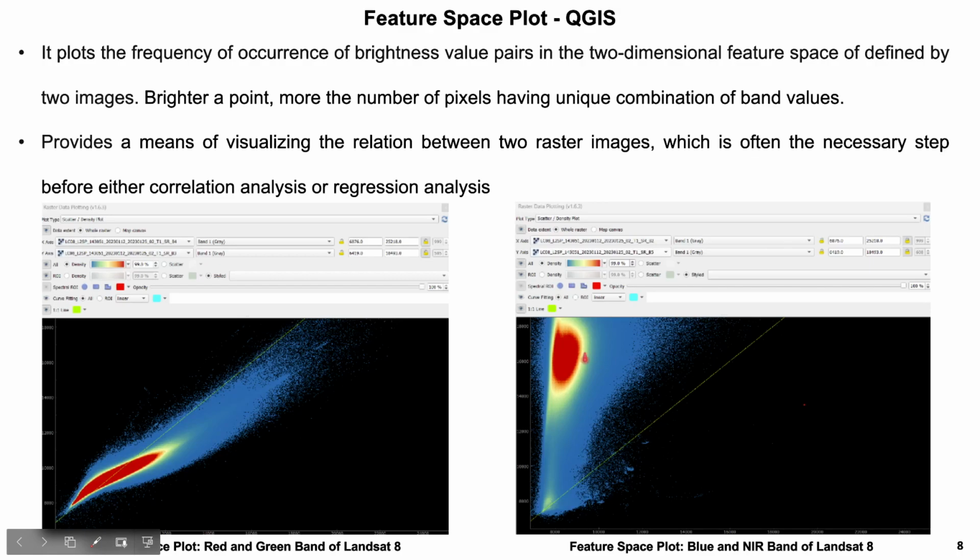Probably that's the reason. No, we are not mapping anything. It's just band values on the x-axis and band values on the y-axis directly plotted. So why is this dark spot coming at this place? Why not somewhere else?